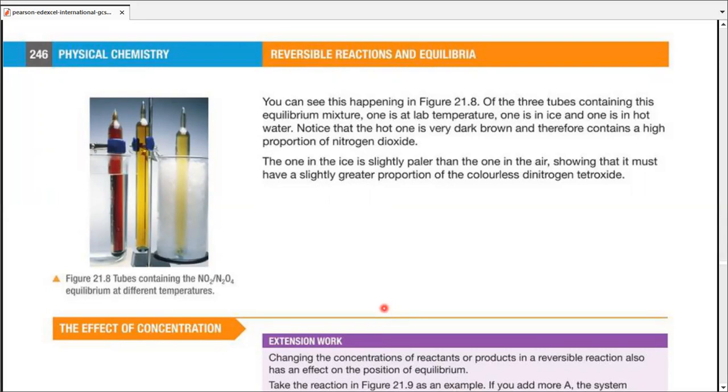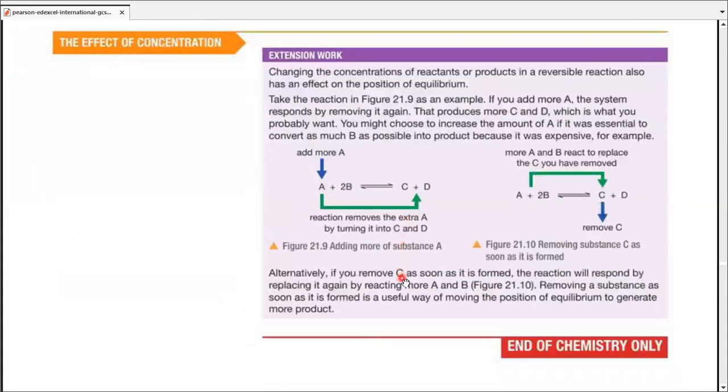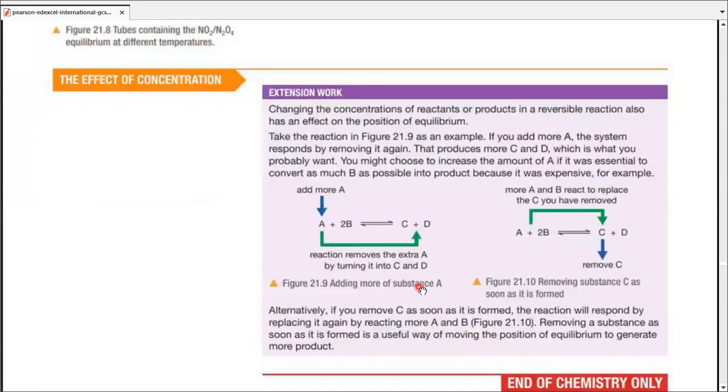Make sense? So that's why we use terms like darken the color or fade in the color. Since it does not become exactly colorless or exactly dark brown, that's why we choose to use words like this.